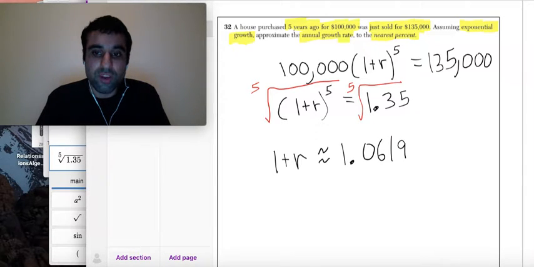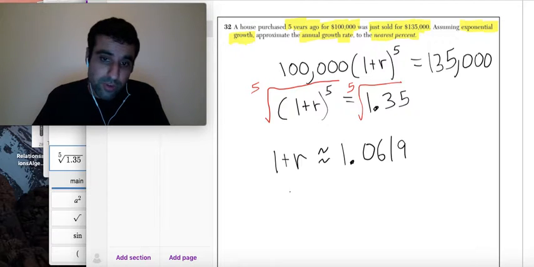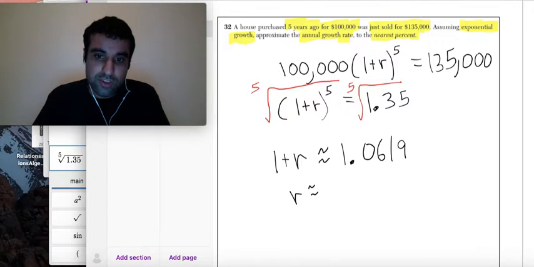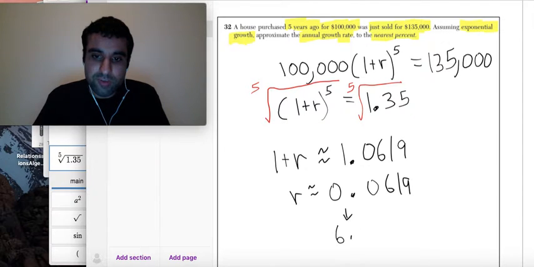You could tell right from here that's about 6.19 or 6.2 or 6% growth. But if you want to take it a step farther and subtract 1 on both sides, you get 0.0619. That's equal to, if you multiply by 100, 6.19%. It's set to the nearest percent, so I'll write the final answer in a different color, let's say green.